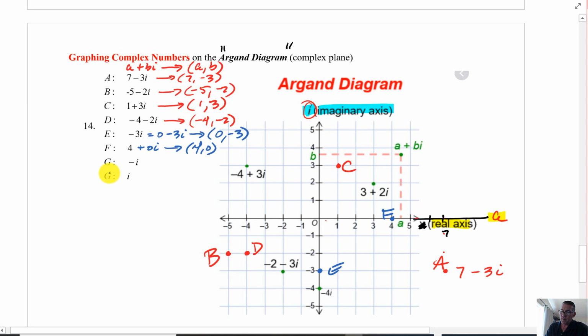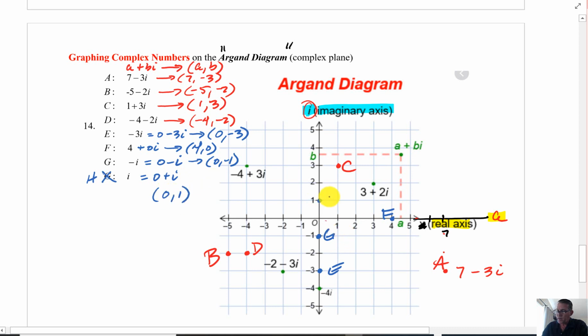Now G is pure imaginary. So I can rewrite this as 0 minus i, and I'm going to interpret this as 0 comma negative 1. That's just down 1 on the imaginary axis. So G is down 1. And then H here is the same thing as 0 plus i, so I can interpret that as 0 comma 1.